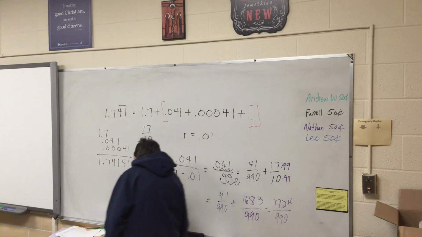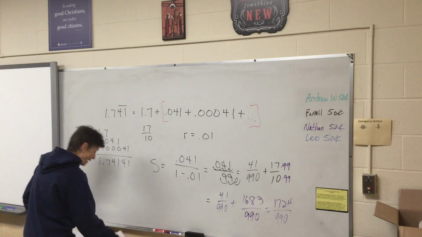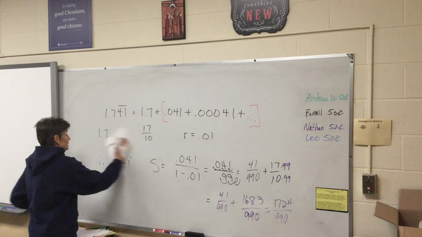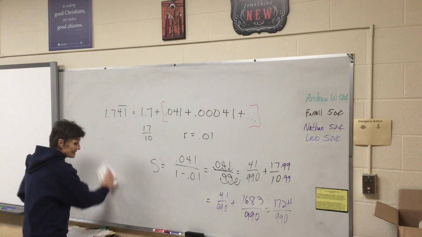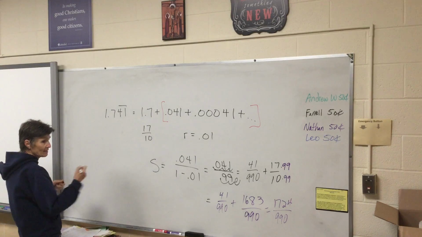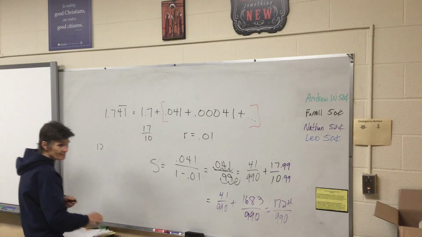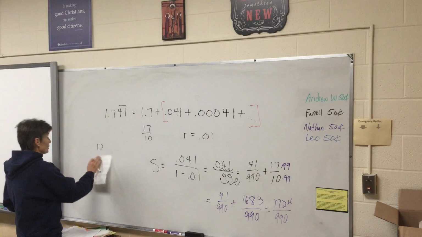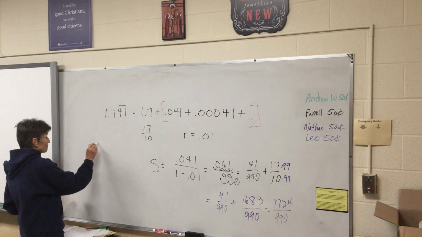Now, at this point, you have to just look at it and figure out if there's any simplifying you can do. That's kind of a big fraction. 1724 over 990.